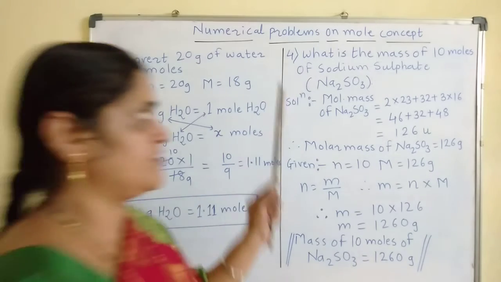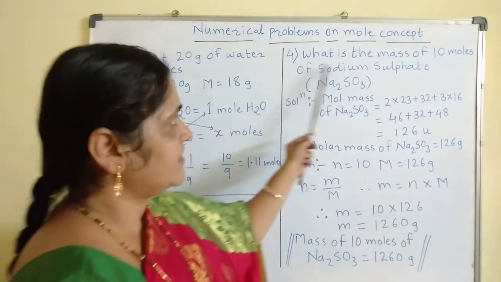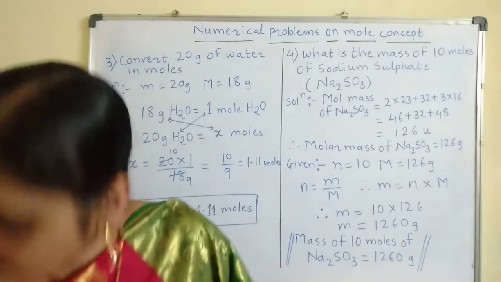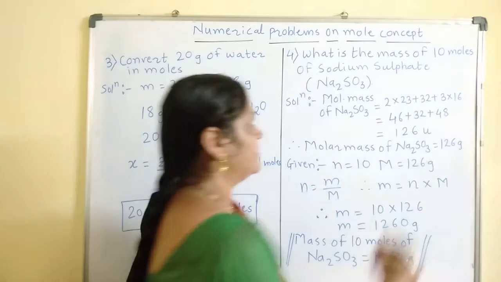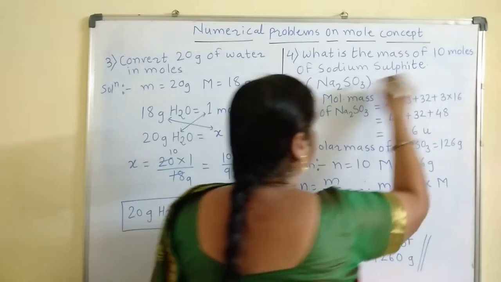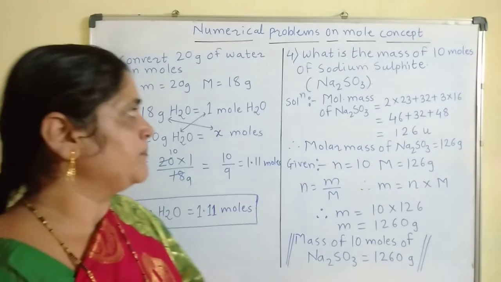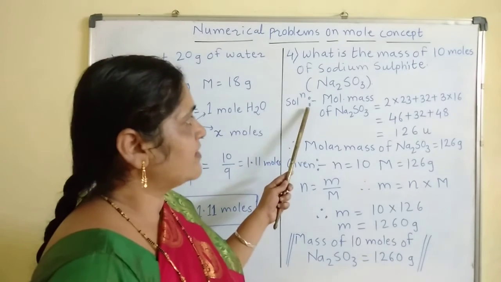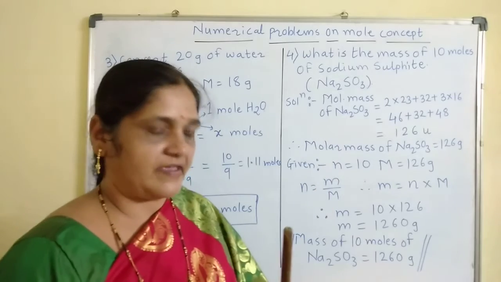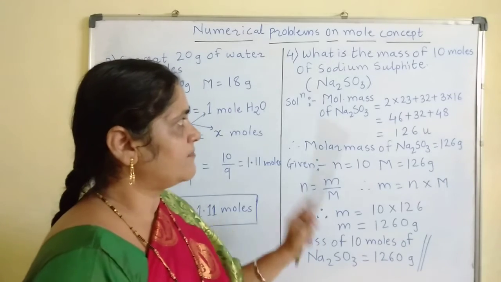Now, the next numerical problem. What is the mass of 10 moles of sodium sulfite? The formula is given Na2SO3. So, we are going to calculate first the molecular mass of Na2SO3, that is sodium sulfite.